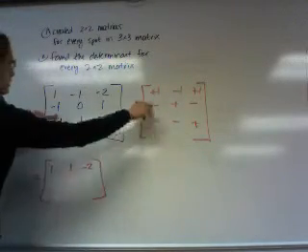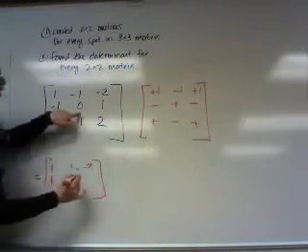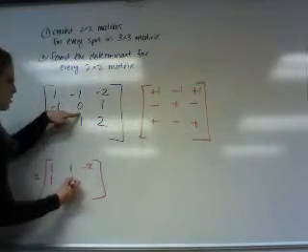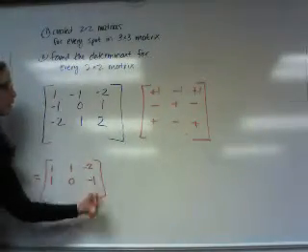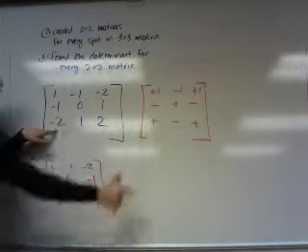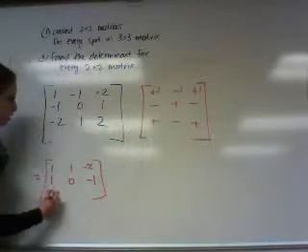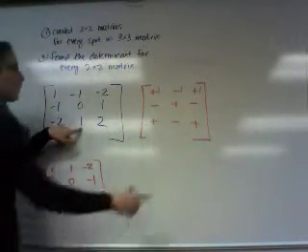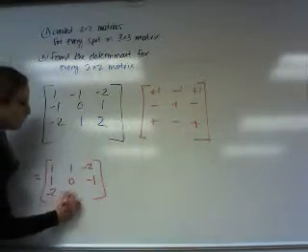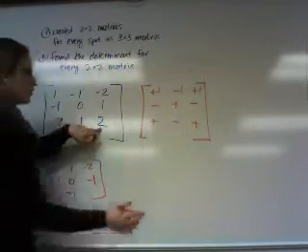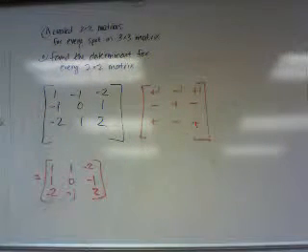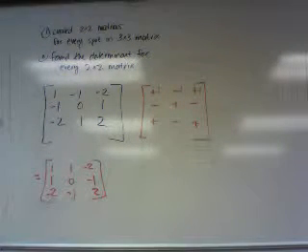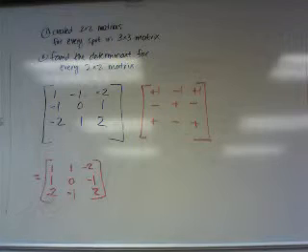A -1 times a -1 is +1. A 0 times a +1 is still 0. 1 times -1, -1. -2 times +1, -2. 1 times -1, -1. 2 times a +1 is 2. So we end up with our new matrix after we multiplied by the inverse sign.